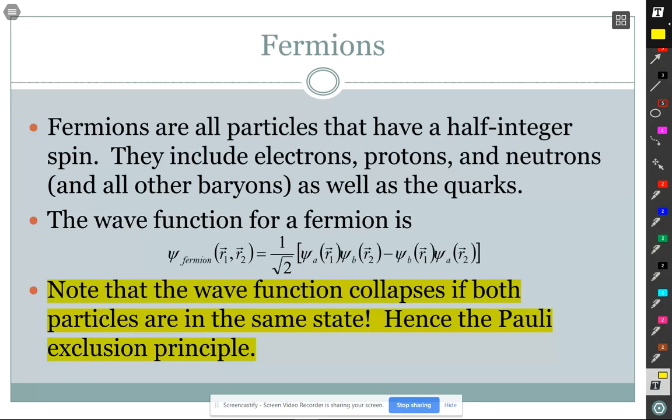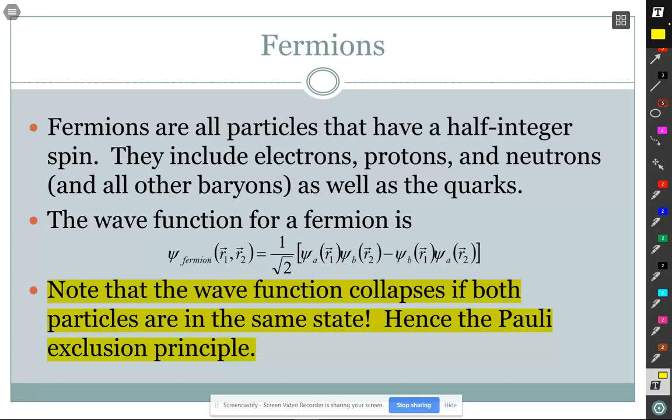And so it is a simple mathematical fact that you cannot have an antisymmetric wave function for two indistinguishable particles in the same state. If they're fermions, they must have the antisymmetric equation here. And so the end result is you cannot have any two fermions in the exact same state.